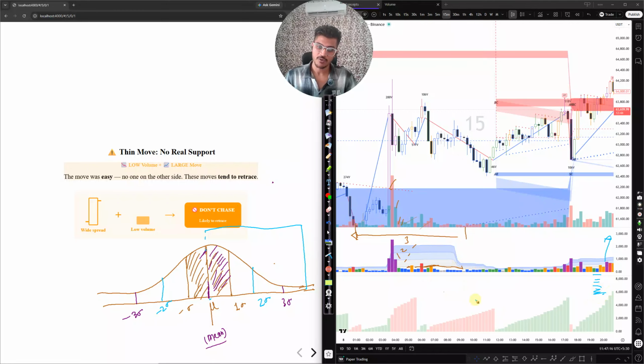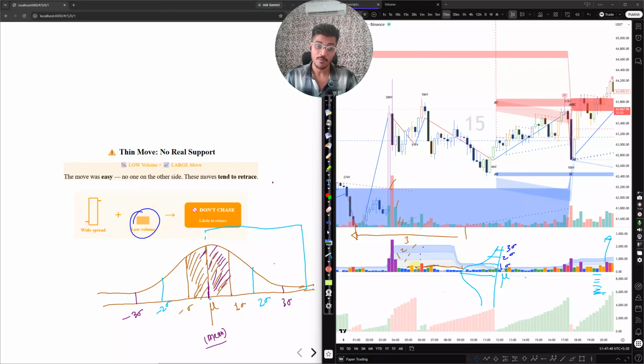Then your chart would look like this, and you would have your mean here, first standard deviation, second, third, and that's what I'm showing you guys: 1, 2, 3. So this is how you can interpret the volume.